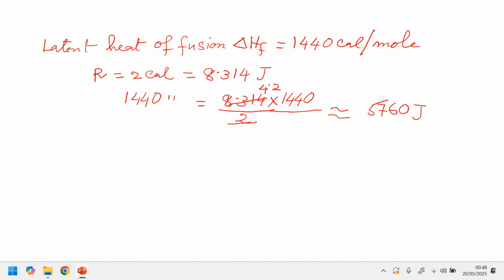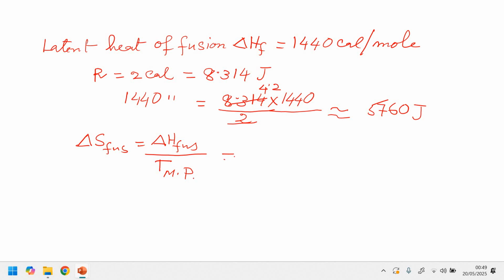Now what you have to calculate is the entropy change for 1 gram of ice during the melting. So delta S fusion will be equal to delta H fusion divided by temperature, that is the melting point, right?